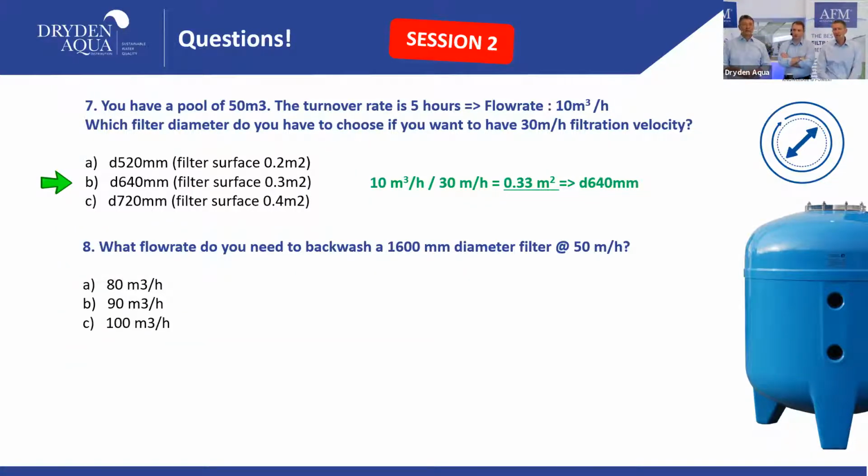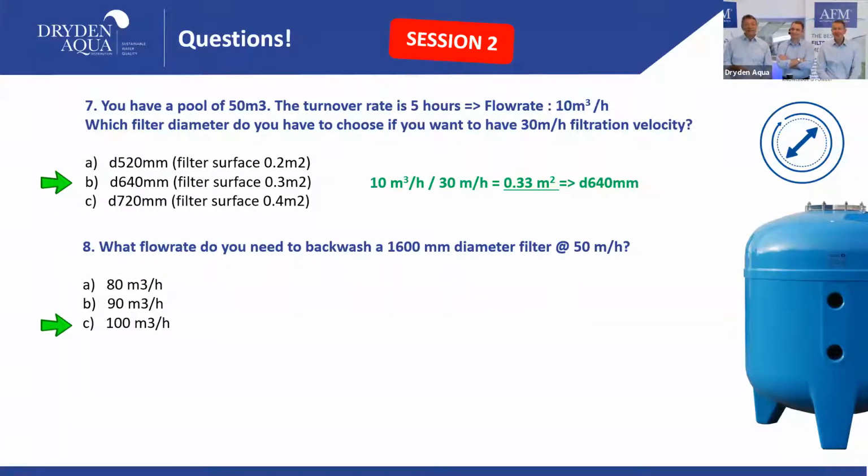So first calculate your filter surface. It's an easy one: 0.8 times 0.8 times pi, radius squared times pi, pi is 3.14. 1.415? Okay, I can double check it.